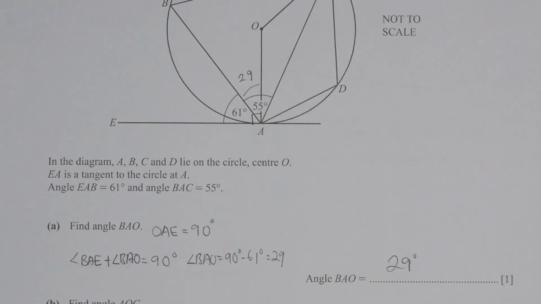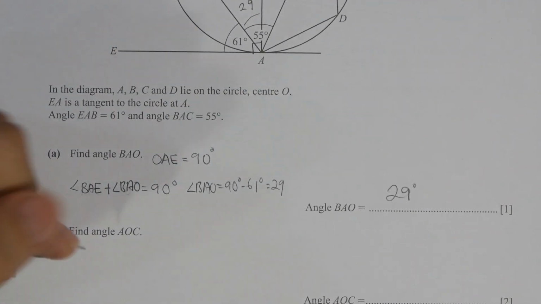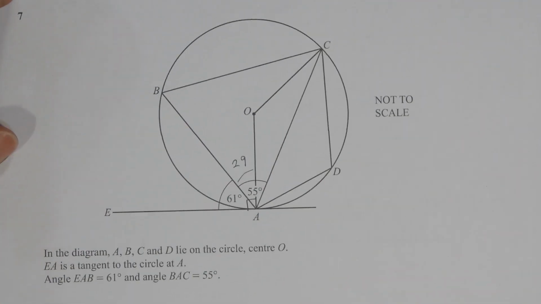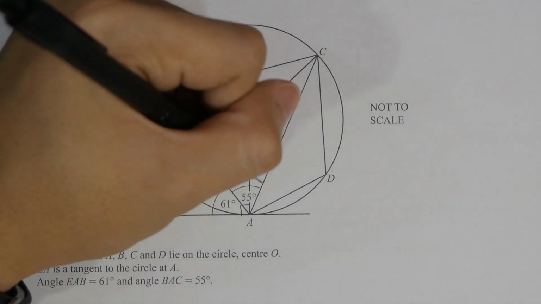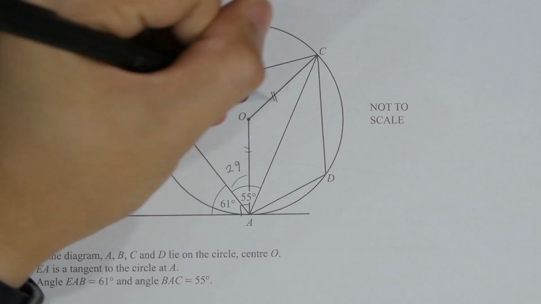Okay, with that 29, we can now identify OAC as 26 because 55 minus 29. And since OA and OC are the same length, hence OCA will actually be 26 as well.